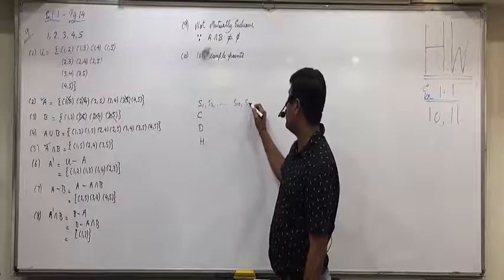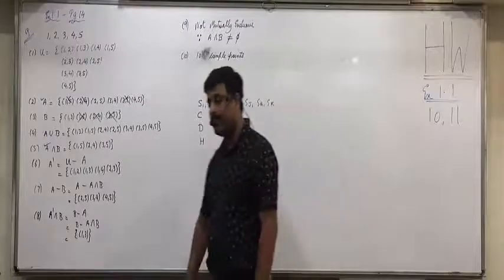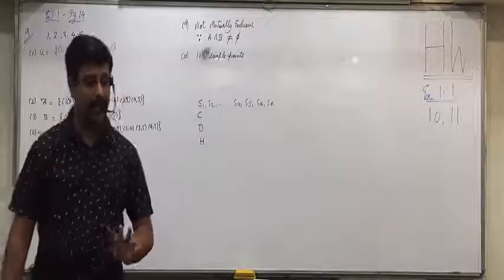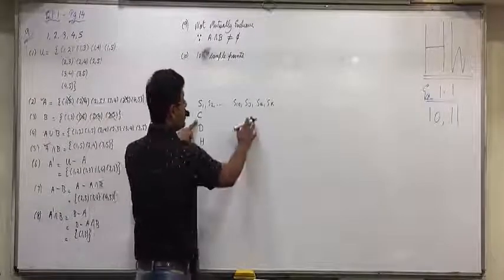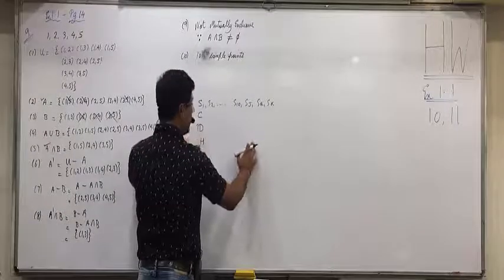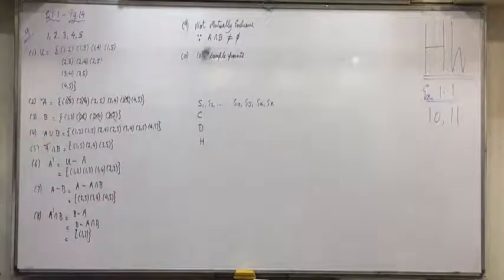Then after that you mention Jack, Queen and King. For the last three cards you will mention SJ, SQ and SK. Same way CJ, CQ, CK, DJ, DQ, DK, HJ, HQ, HK. Okay, 13 cards per suit, 52 outcomes. This will be your sample space.